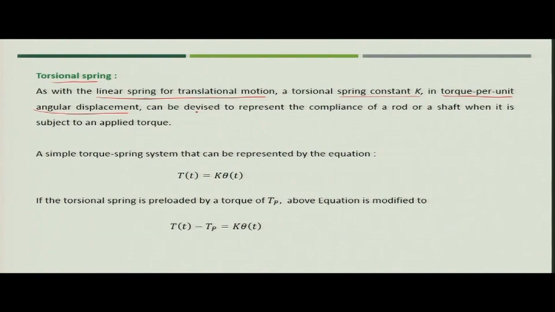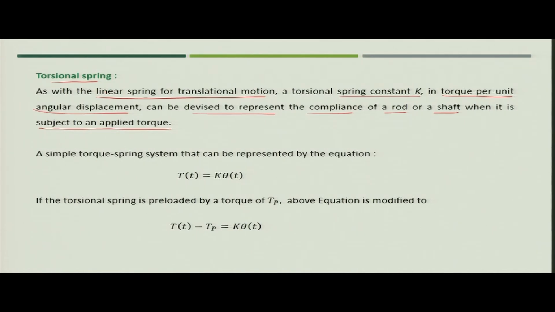So, we can devise to represent the compliance of a rod or a shaft when it is subject to applied torque. So, torsional spring is the property of the shaft or the rod which is connected to your rotating body. So, when you give torque, it twists slightly, which gives the property of torsional spring.